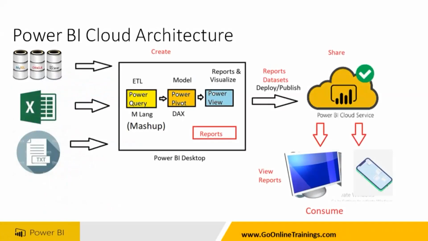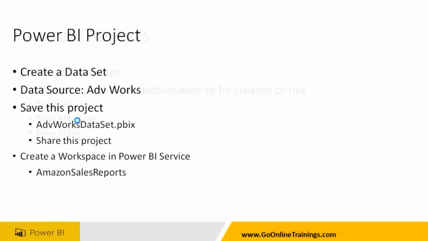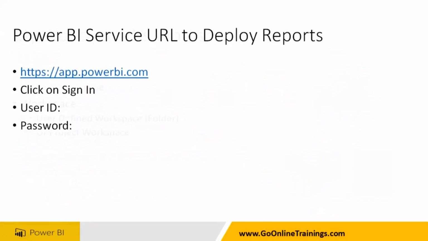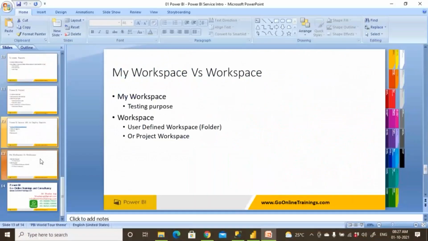So yesterday, what are the things we have done? We have created a beautiful, a report. Sorry, not report, data set we have created. Let me tell you what has been done already.